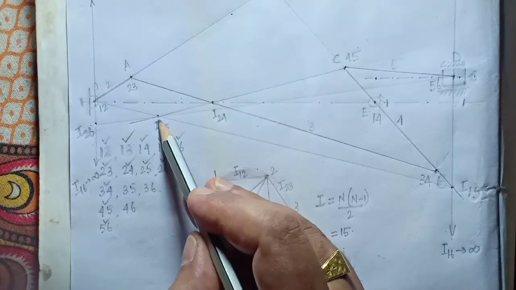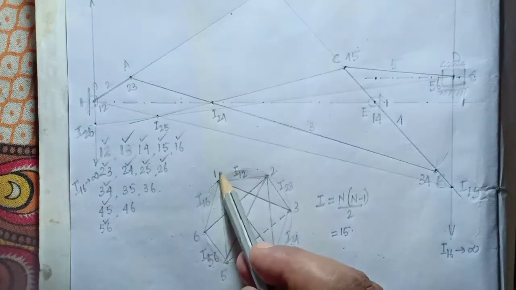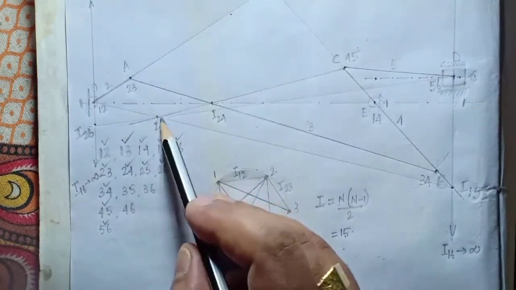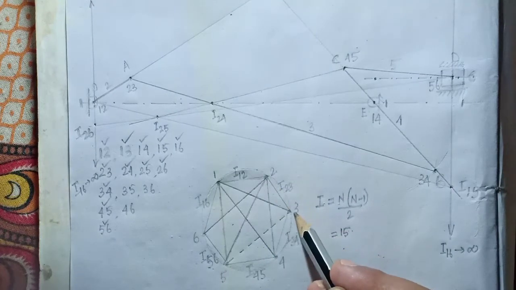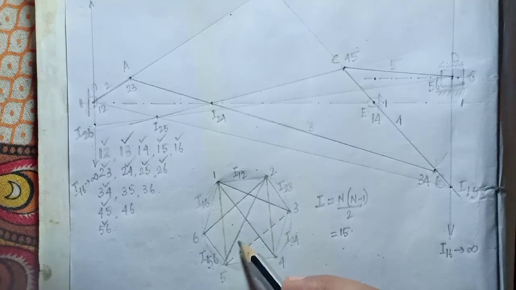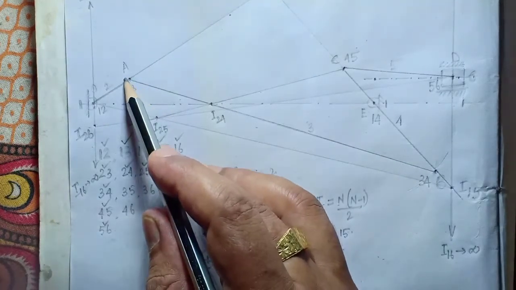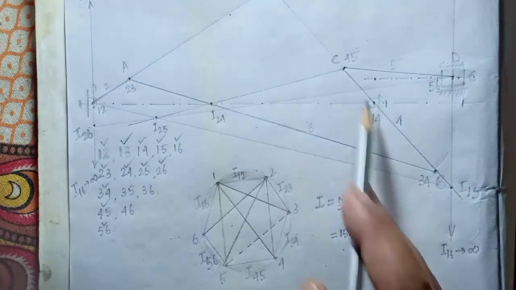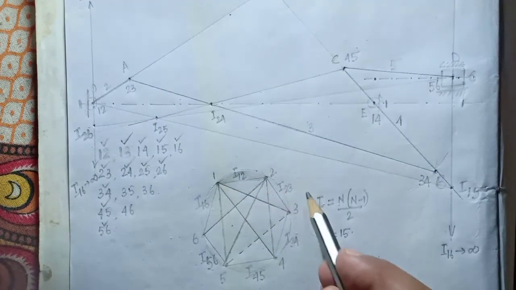So this path will be quite difficult. If we join these 2 points, it will take a long distance to intersect this joining line 3, 4 and 4, 5. So this is quite difficult.